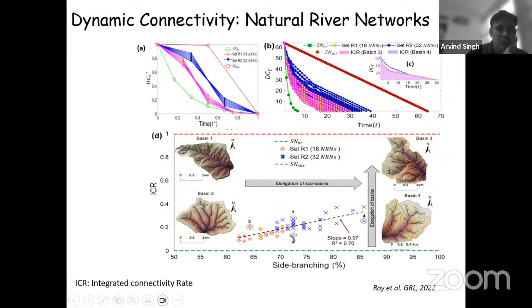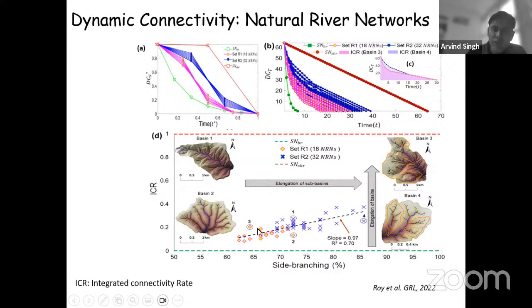What we observe is that the basins with higher connectivity rate as compared to lower connectivity rate show some elongation. In other words, these basins are relatively elongated as compared to the one with a small ICR, and they both have the same side branching percentage.